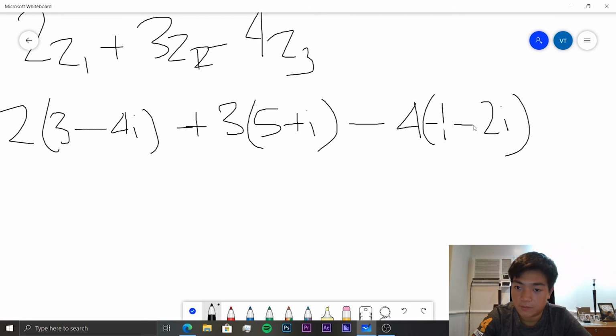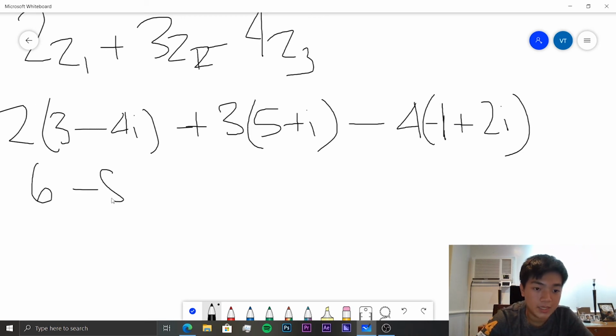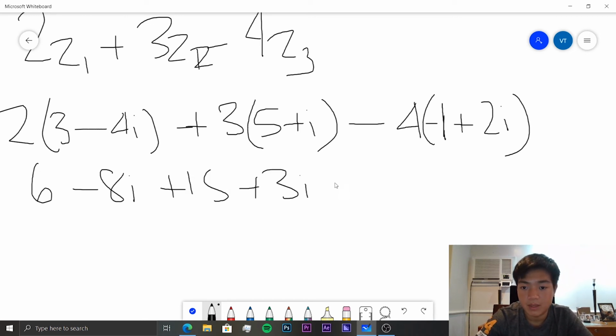So let's first multiply out each term. So we have 6 minus 8i plus 15 plus 3i plus 4 minus 8i.